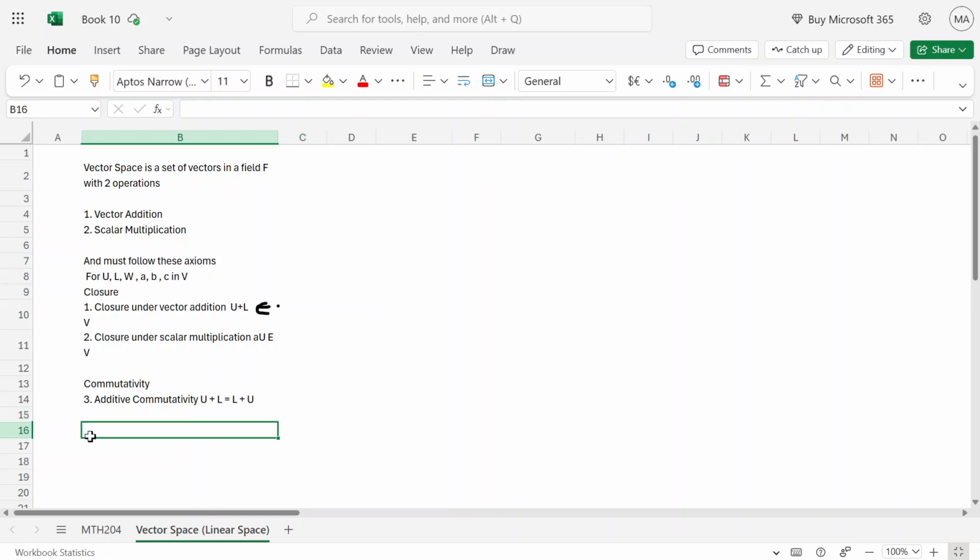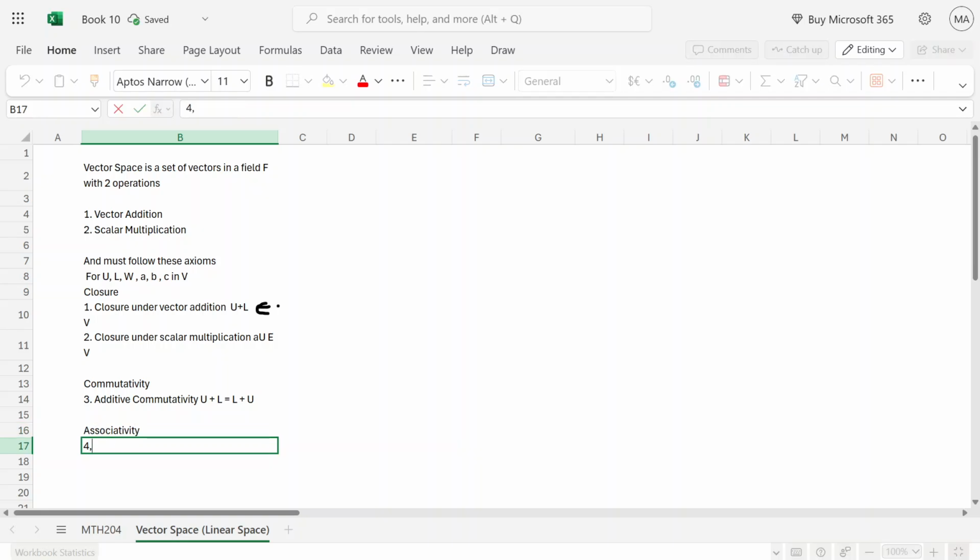The next one, associativity. The next one will be additive associativity. Now, what's our associative law?